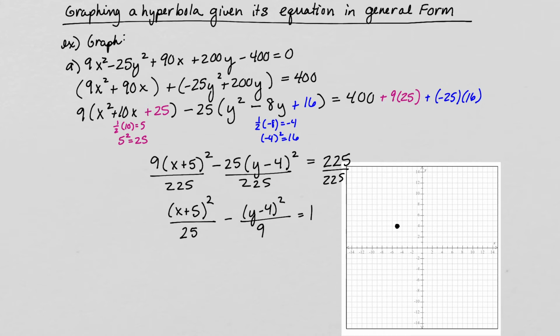And then on the bottom of the x's, I have 5 squared. On the bottom of the y's, I have 3 squared. So we're going to move in both of those. So we're going to go in the x direction, 1, 2, 3, 4, 5. On the y direction, we're going to go 3. And that is going to make our box for us to graph.